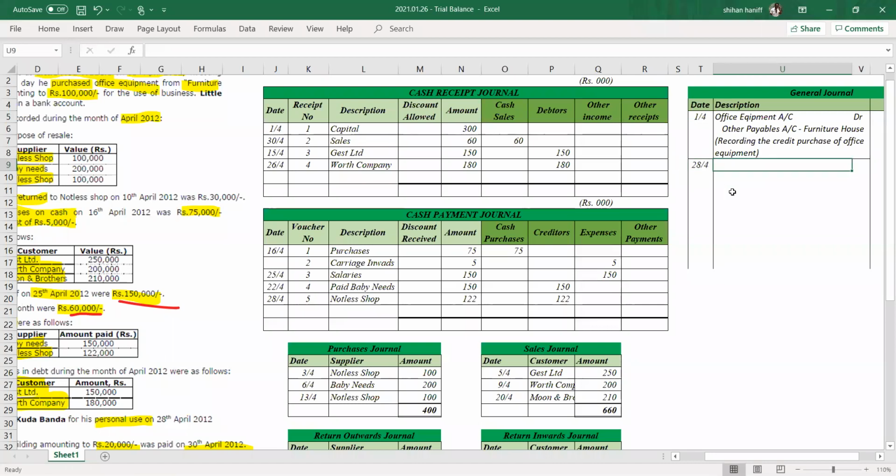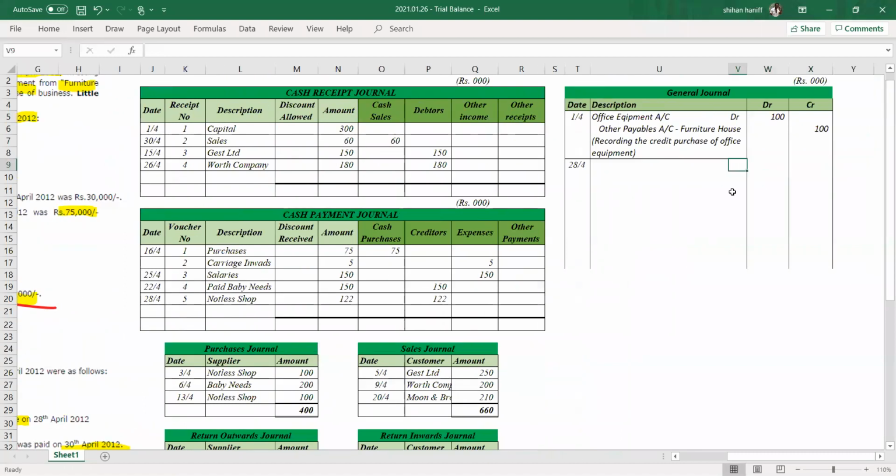Stock drawings. Double entry for stock drawings is drawings account debit, purchases account or cost of sales account in the trading account will be credit.